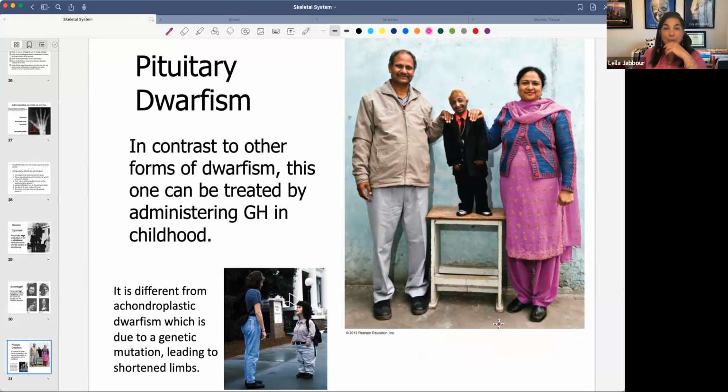One of my students came up to me at the end of the lecture and actually shared his own personal experience with injections of growth hormone, because he wasn't on the chart for growth. During his visits with the pediatrician, they caught this, and they addressed this by injections of growth hormone, which helped him catch up in length with his peers at his age.